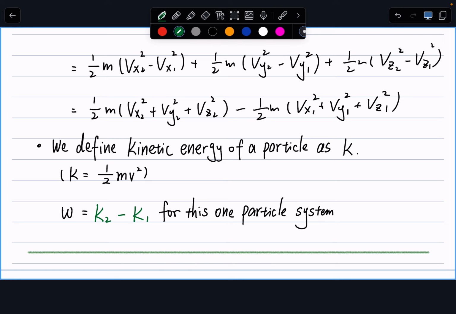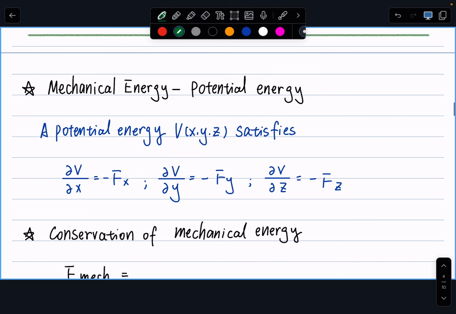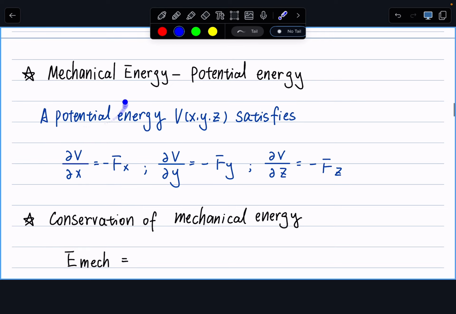In mechanical energy, on top of kinetic energy, we also have potential energy. We will be using potential energy in this course, but to a much lesser degree. But I still want to mention what potential energy is. A potential energy, which we normally write as a big V as a function of x, y, and z, has a partial derivative in a certain direction, like dx, that gives you the negative of the force.